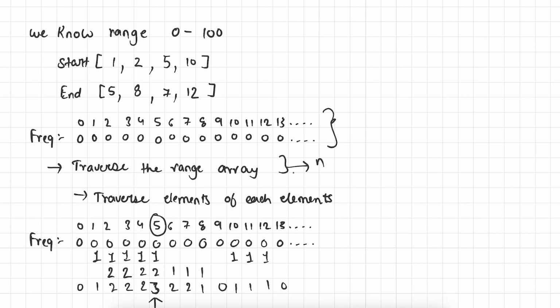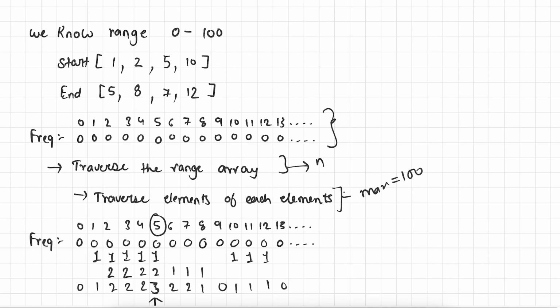And inside this array we are going to traverse all the elements of the range. It means we are running a loop for all the elements present in the range. So in the worst condition we are going to run a loop a maximum number of times, right? And here max could be 100, because the ranges are always going to be between 0 and 100.